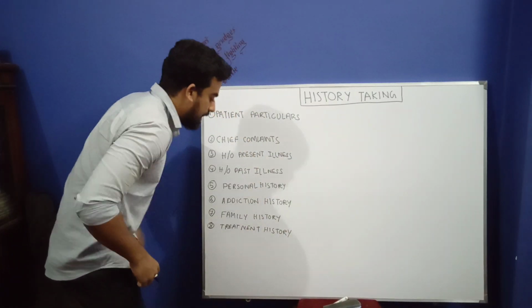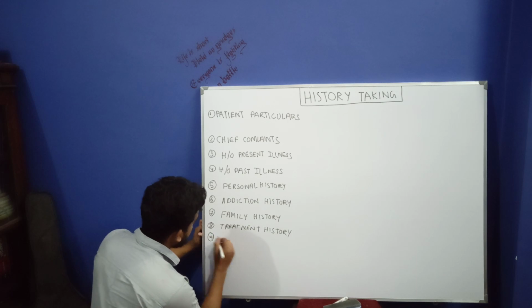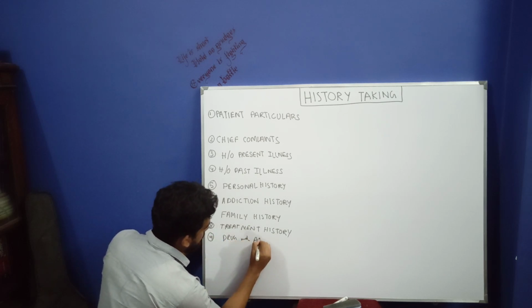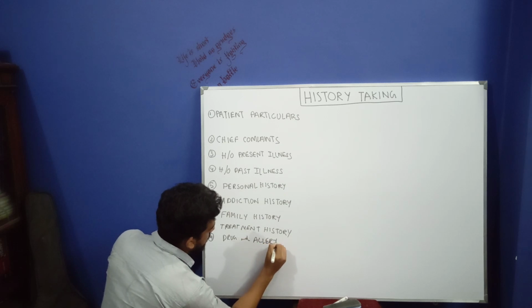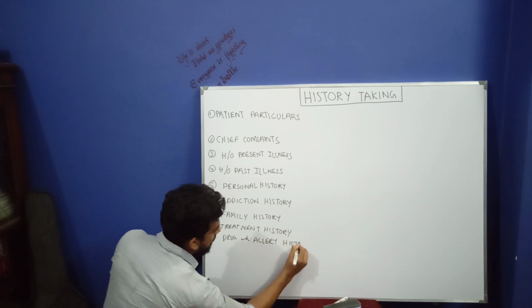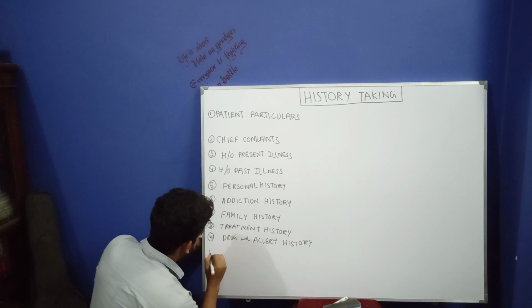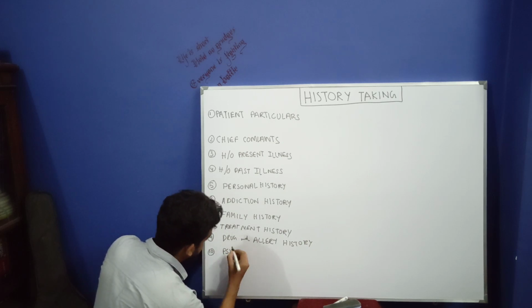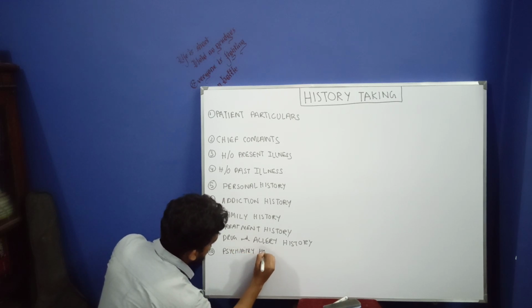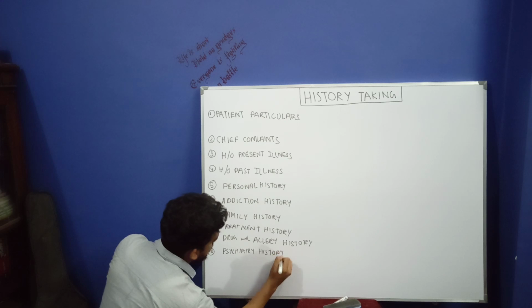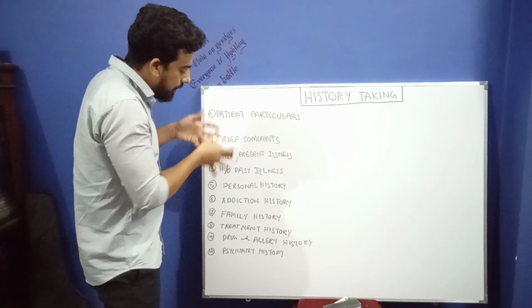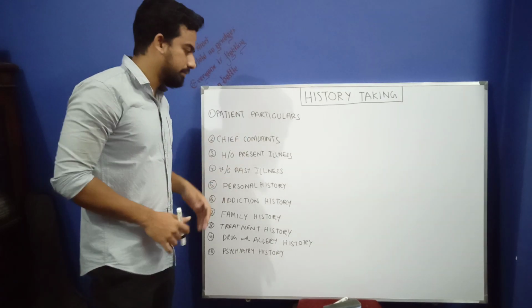Along with that, you have drug and allergy history. And then some books also mention psychiatry history or psychological history. Now these are the major points of history taking. Now I'll go into each one of them one by one.